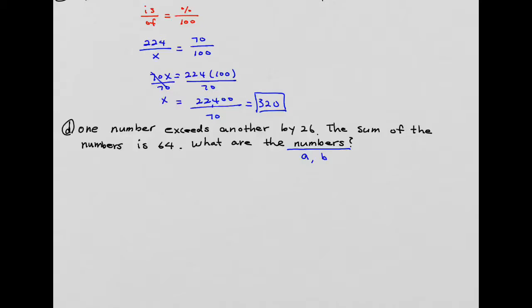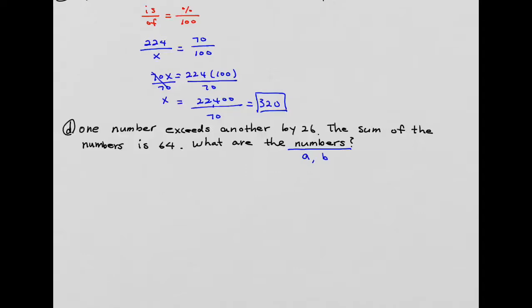And let's go back to the problem and see if we can rewrite this word problem into a number problem using variables A and B. One number exceeds another by 26. So it means your second number is going to be 26 larger.